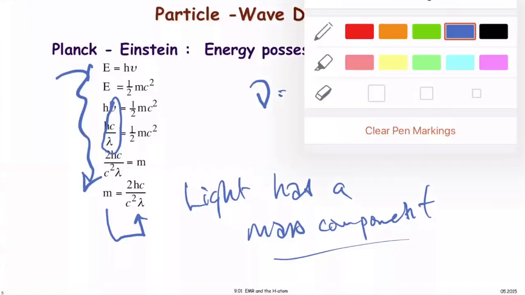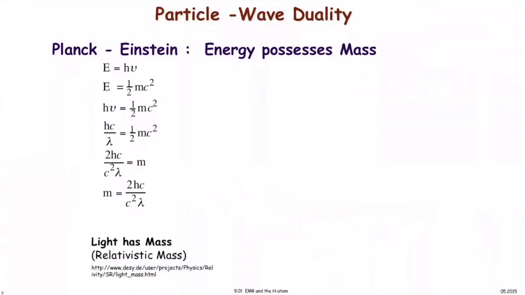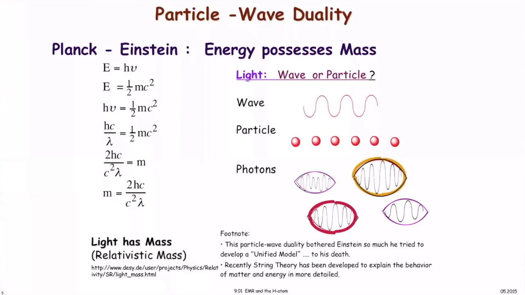Now, that's hard to accept, but that's what comes from the equation here. What goes on here is that light has a relativistic mass, which comes from Einstein's theory of relativity. And how we depict that now is through the fact that energy has a wave duality.